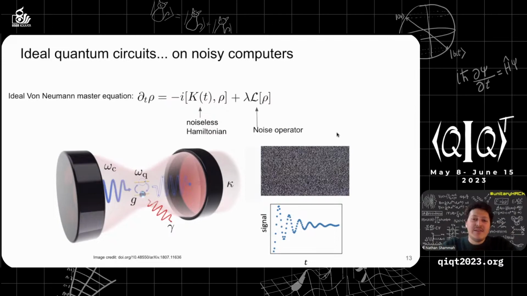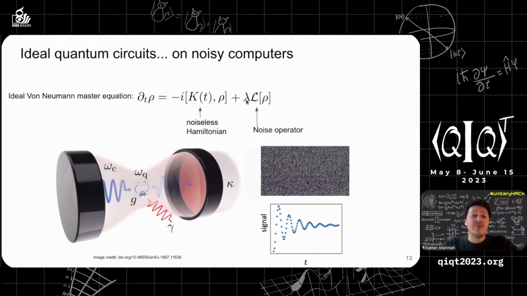And one very simple way to describe, in a more general context of open quantum systems, what is happening, where the openness is the fact that there is some information and some energy leaking out, is with the addition to this closed system evolution of a noise operator or superoperator with a dimensionless coupling lambda that tunes its strength.